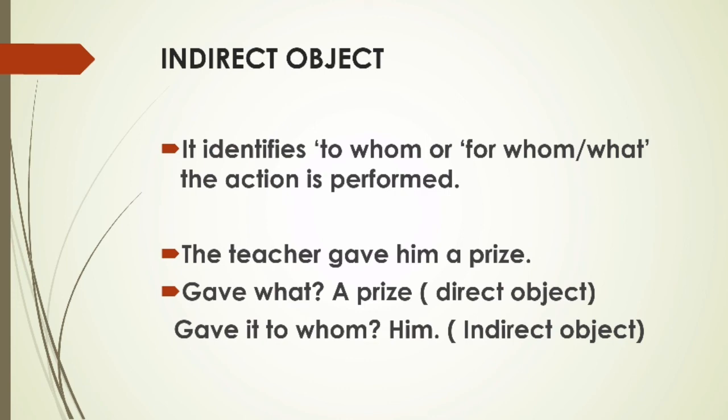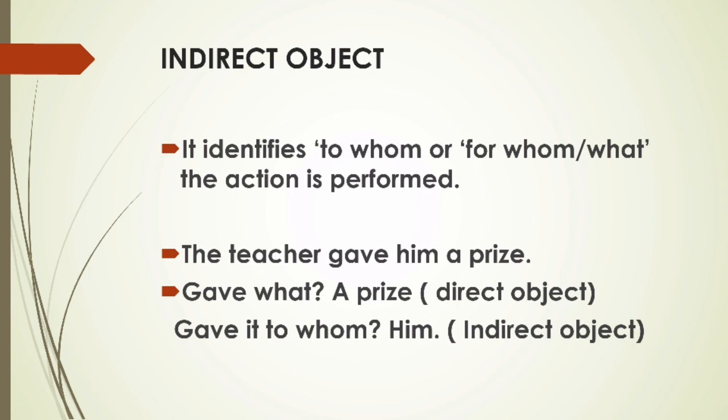And when we talk about indirect objects, just see, it identifies to whom or for what, like to whom, किसके लिए, right? So it identifies to whom or for whom the action is performed. Like, the teacher gave him a prize.